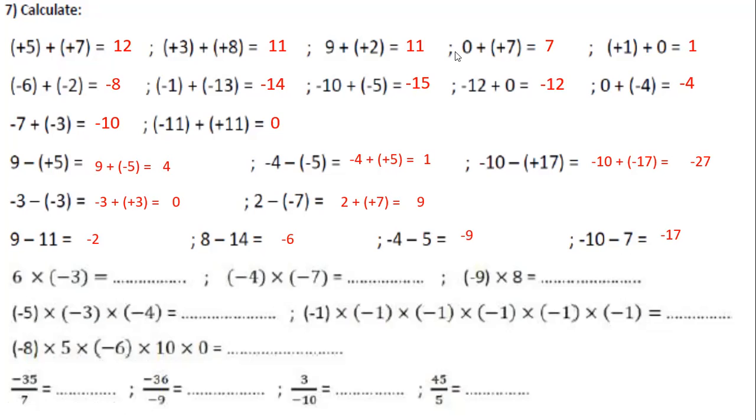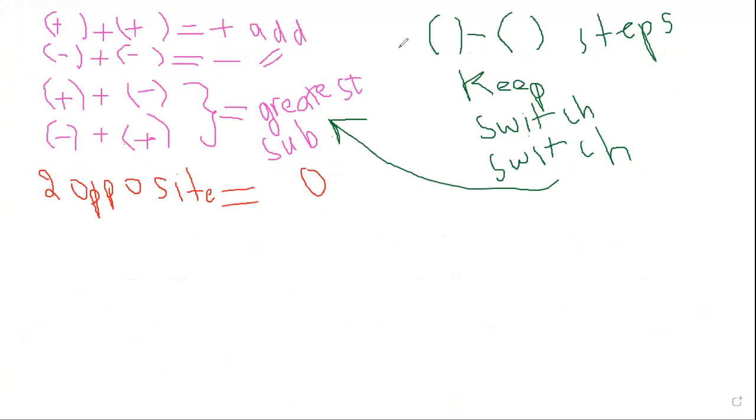Let me remind you of the rules of multiplication of signed numbers. How we multiply signed numbers. The rule of multiplication: if we have two signed numbers, the first number is positive, the second number is positive, and we are multiplying two positive numbers, my answer will be positive, and we multiply both numbers.